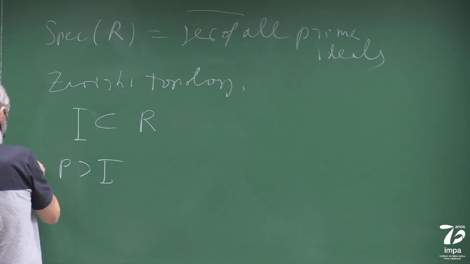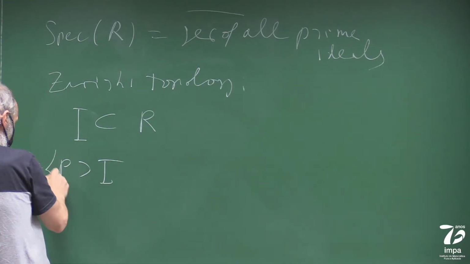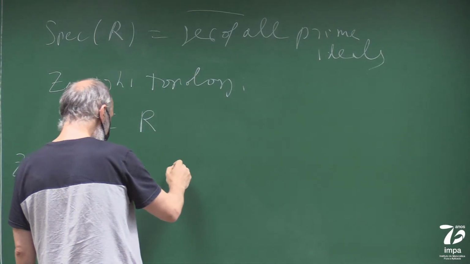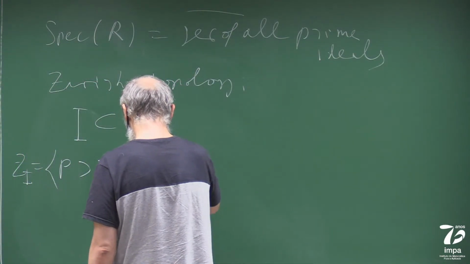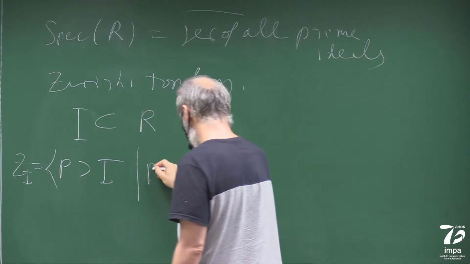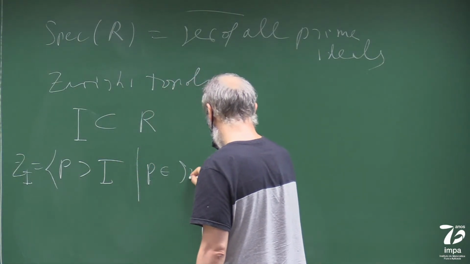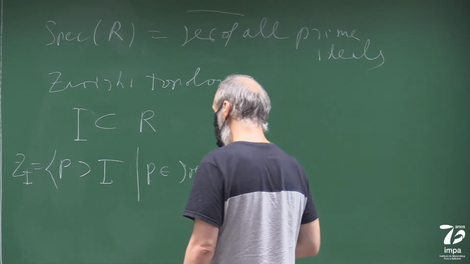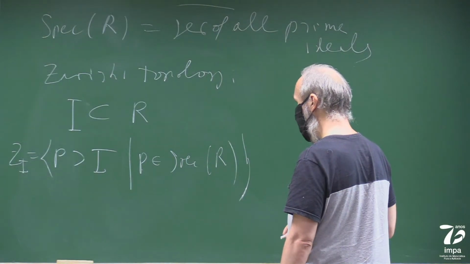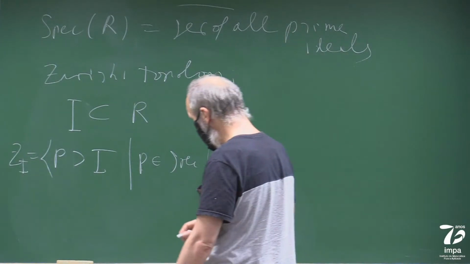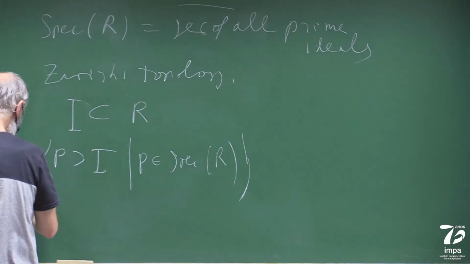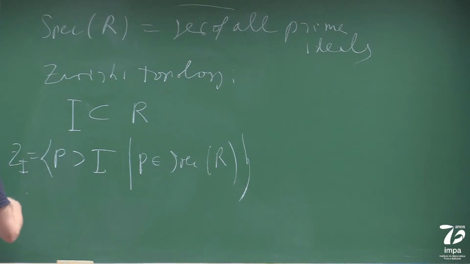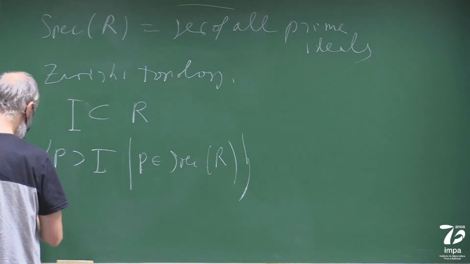This is Z(I). It's a subset of the prime ideals. This is Zariski closed, and this is the set of all closed subsets of the set of all prime ideals.